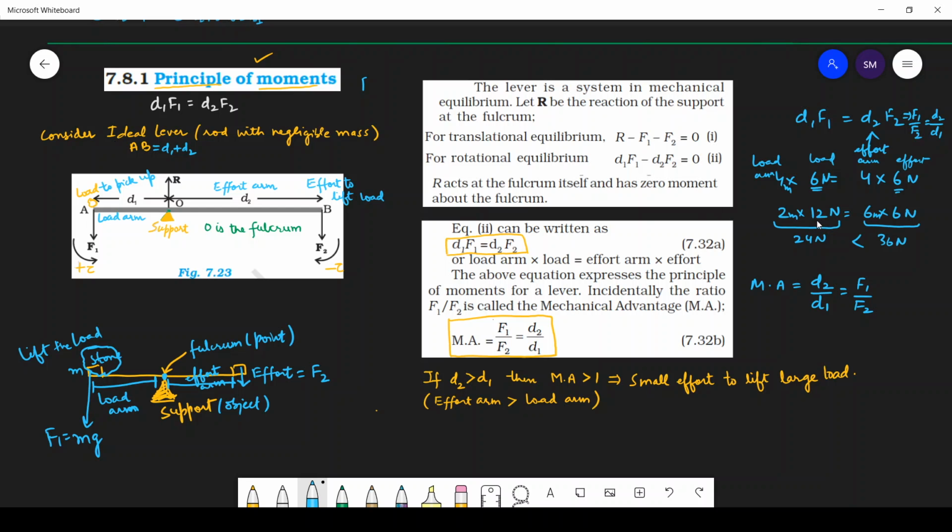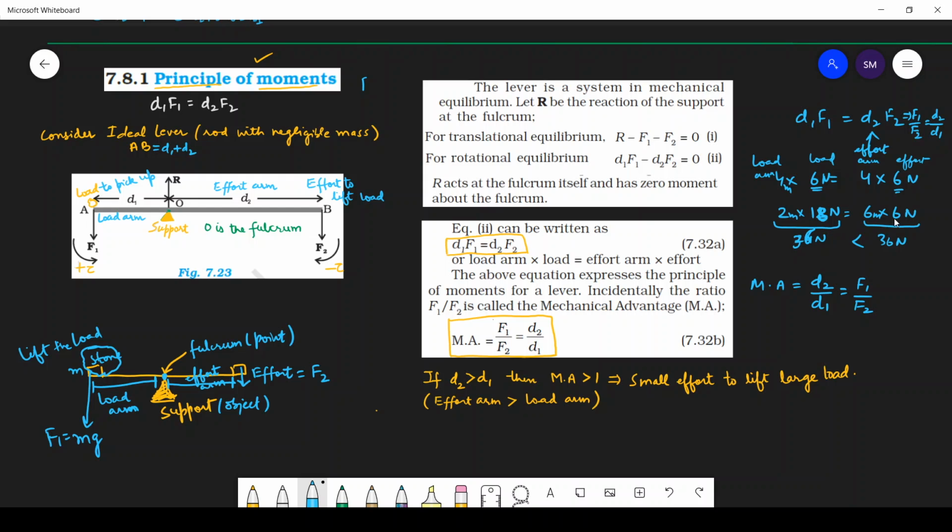But if you want to pick the load slowly, then both of them must be equal, so that once it starts, it will keep on moving up. Without acceleration, here you can pick the load up to 18 Newton. So both sides will be 36.